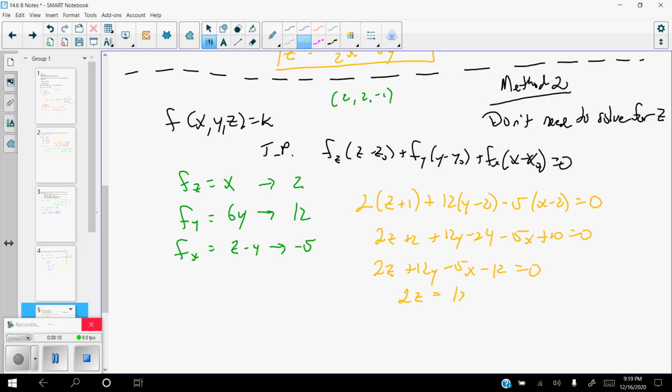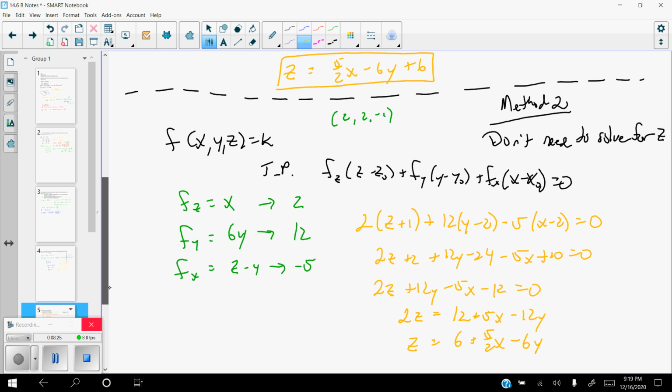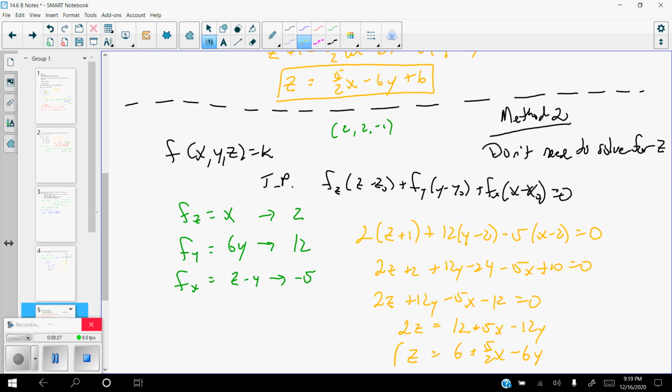So that's going to be 12 plus 5x minus 12y, dividing by 2, we get 6 plus 5 half x minus 6y. Exactly what we have above, written in a slightly different order, but it is the same.